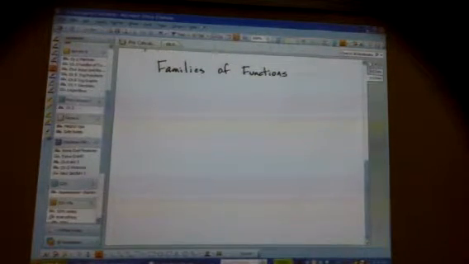Now, the first 2 families of functions that are listed on this page are families from a long time ago in your math career, probably pre-algebra or algebra 1 days, okay? The graph is the blue, if you can tell on your picture.